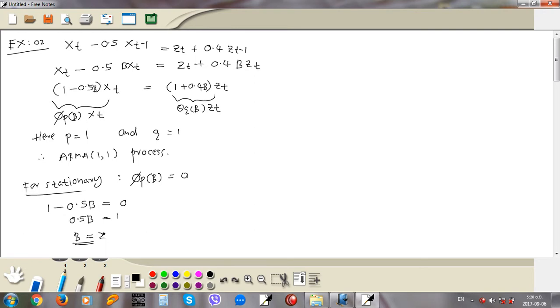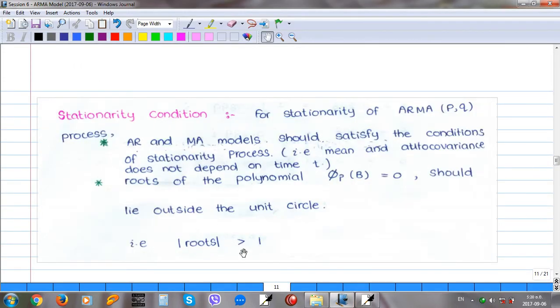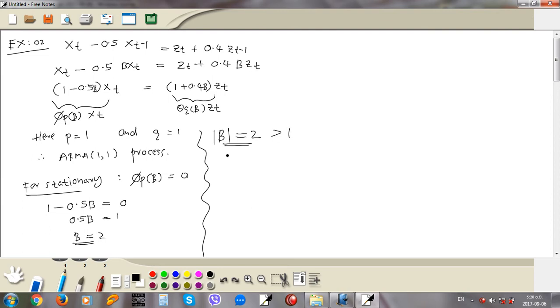Then we have to take the absolute value of B. If B equals 2, the absolute value of B also equals 2, and this is greater than 1. So according to the theory, if the roots are outside of the unit circle, it means roots are greater than 1, this is stationary. Therefore the process is stationary.